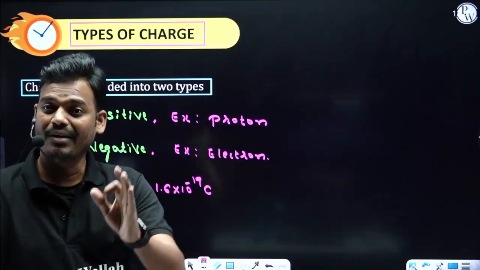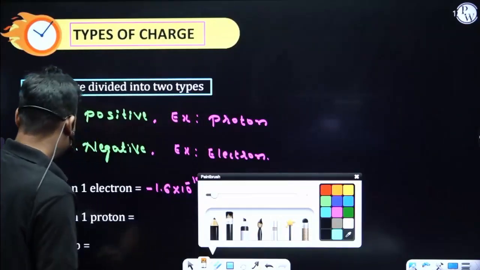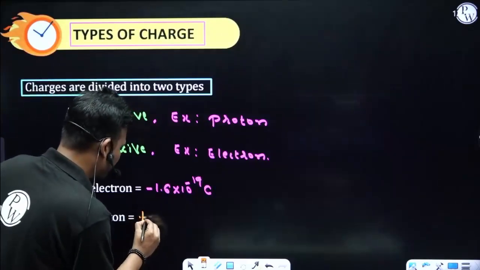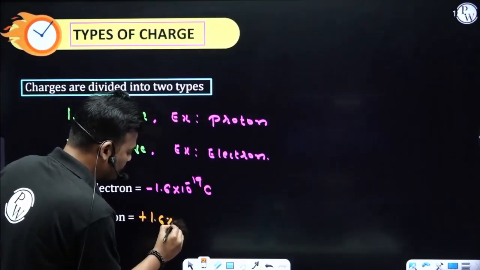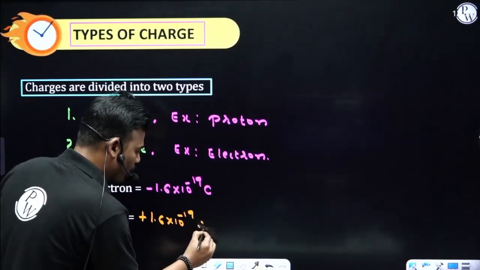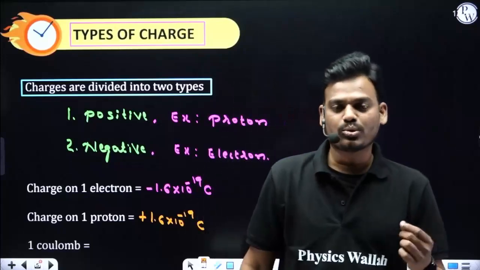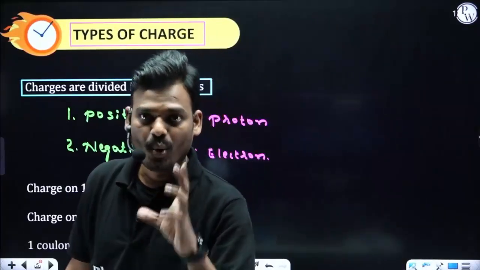Electron is a negatively charged particle. Then the charge on 1 proton is plus 1.6 into 10 power minus 19 coulomb. So this is the data of the charge on 1 electron and the charge on 1 proton.